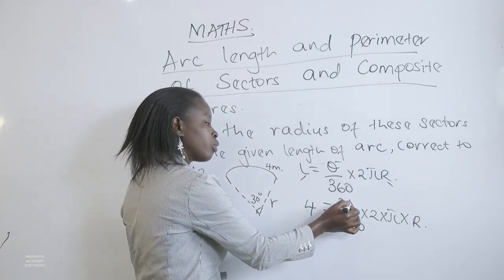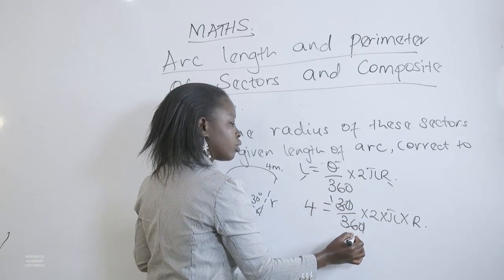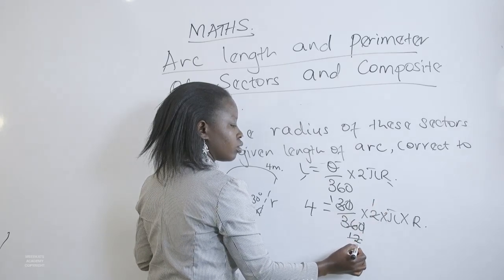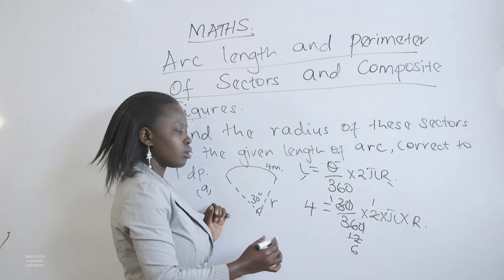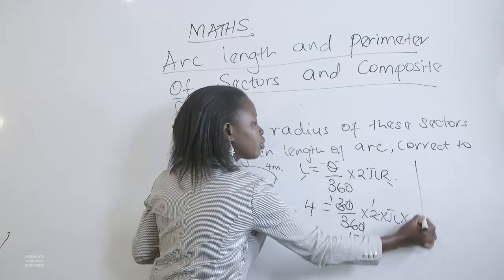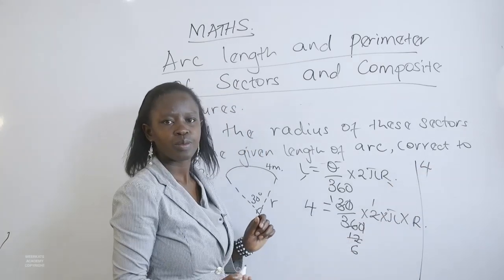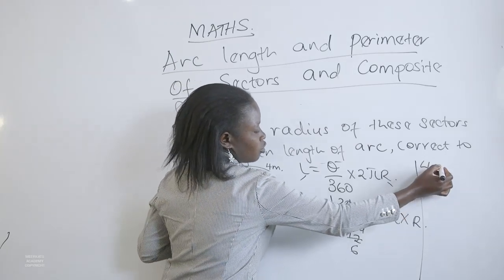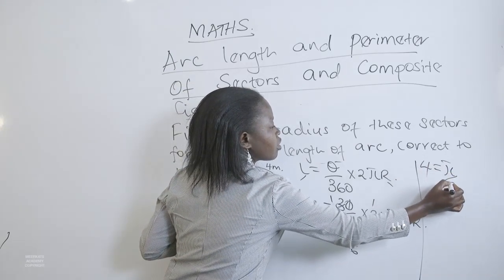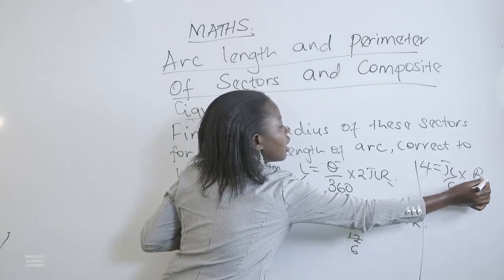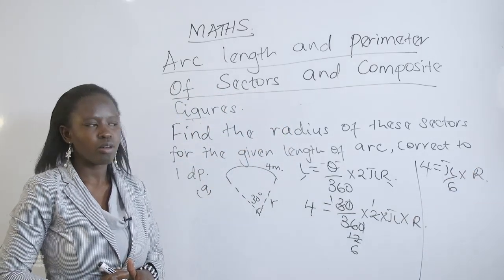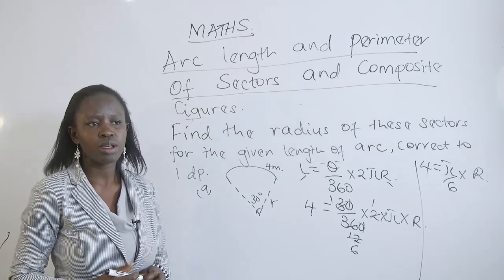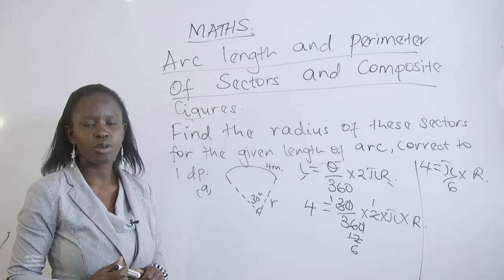So when we simplify, we are left with 4 is equal to pi over 6 times r. 4 is equal to pi over 6 times r, and we need to get the value of r.